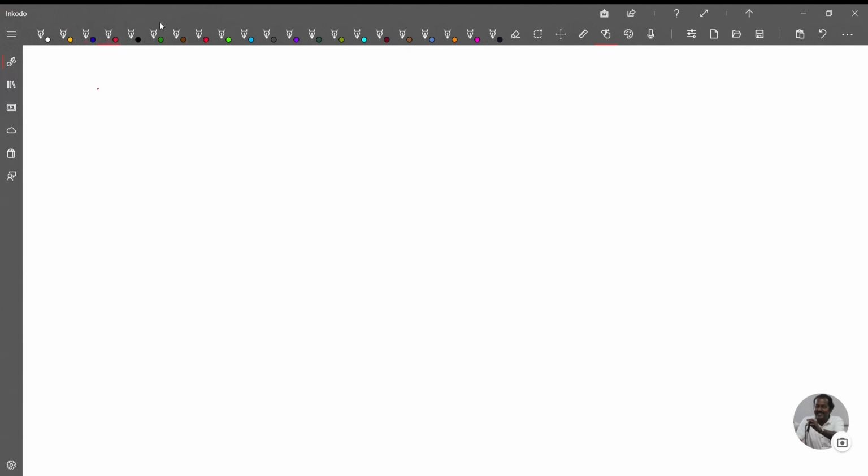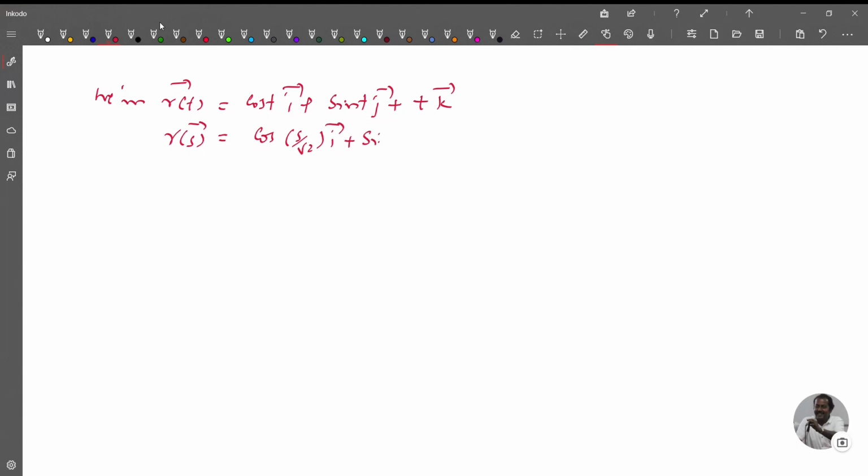So we have r of t equal to cos t i plus sin t j plus t k, and r of s, that is equal to cos s by root 2 i plus sin s by root 2 j plus s by root 2 k, are two parameterizations of the helix.